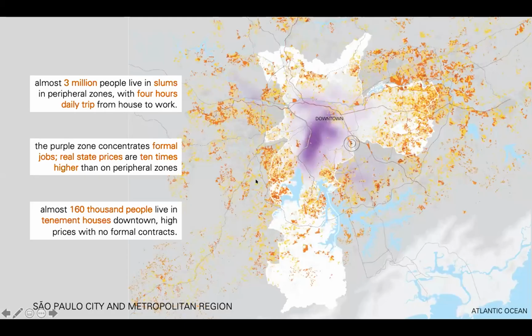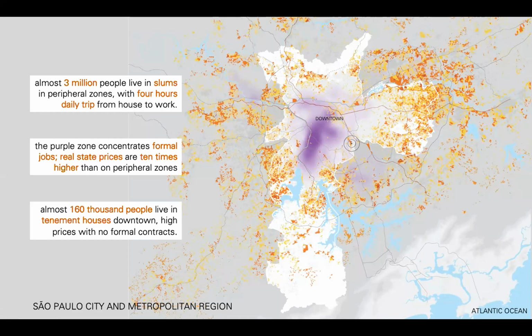Our main problem is getting people to live near their workplace. We have urban sprawl here in São Paulo, and almost 3 million people live in slums in peripheral zones, with a 4-hour daily trip from house to work.